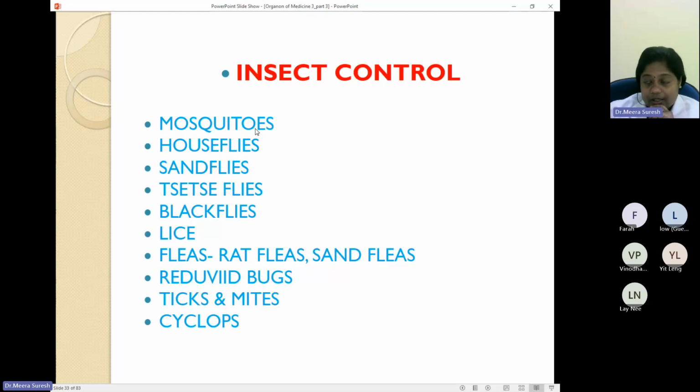We learned a little more about the chemical one because that is more economically feasible, at least for developing countries or low and middle income countries. Now we'll go through each particular organism and how we can control it. So starting with mosquitoes because they are the biggest menace. Many of the vector-borne diseases are caused especially by four species of mosquitoes.